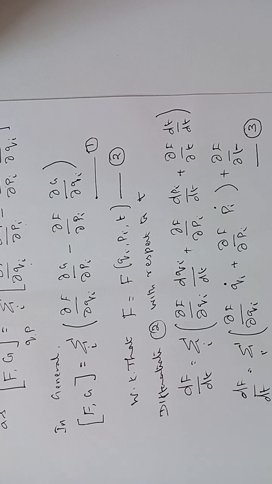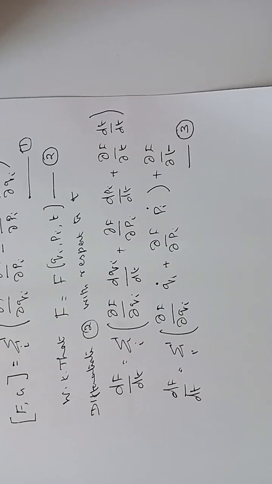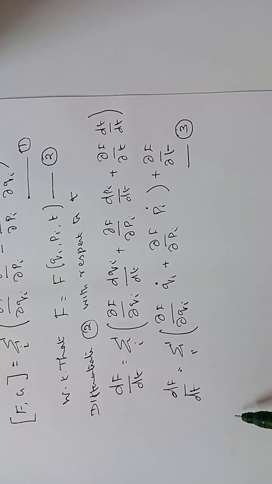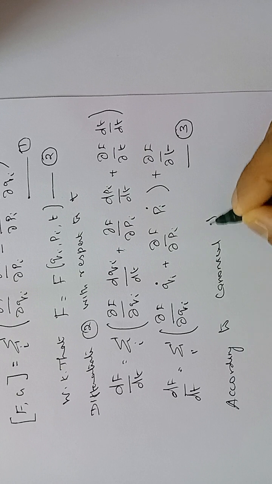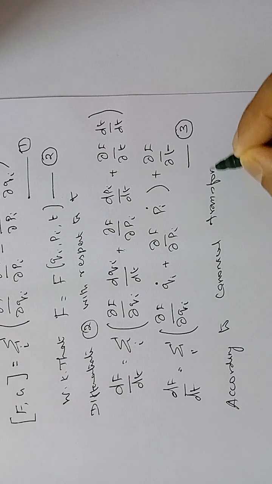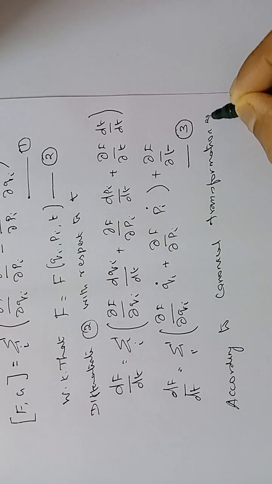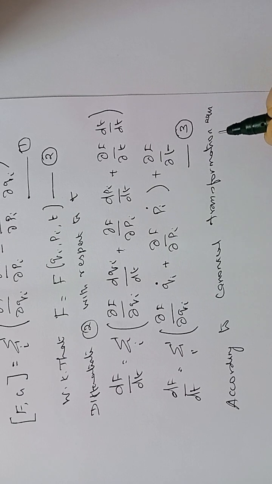Now substitute the values of qi dot and pi dot from the canonical transformation equations. We already derived the equations. We know, according to Hamilton's equations of motion or the canonical transformation equations, we already saw in the earlier topic.